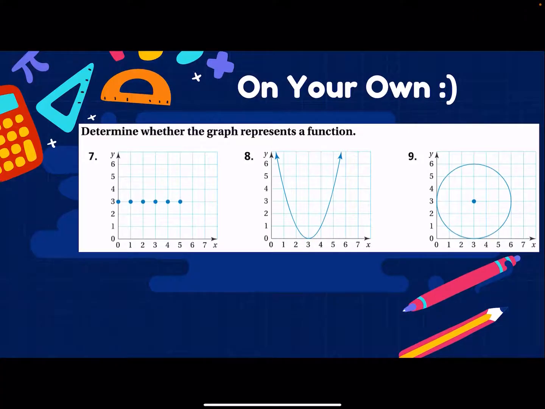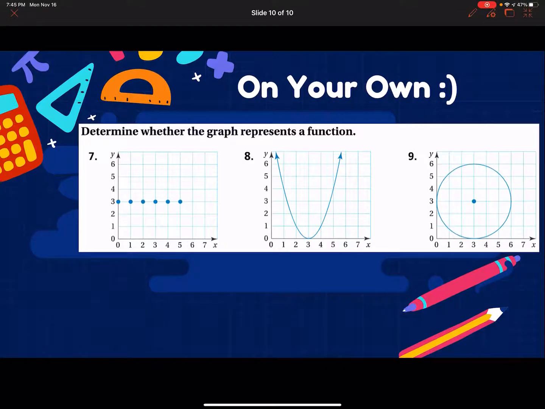Okay, look at 7, 8, and 9 and think about passing a vertical line from left to right of the graph and decide if you think that passes the vertical line test. If it does, then it is a function. So looking at number 7, no vertical line could be drawn through 2 or more points on the graph, so we have a function.